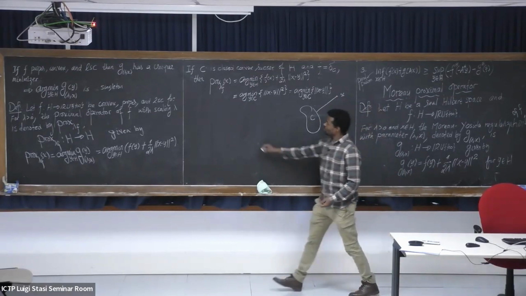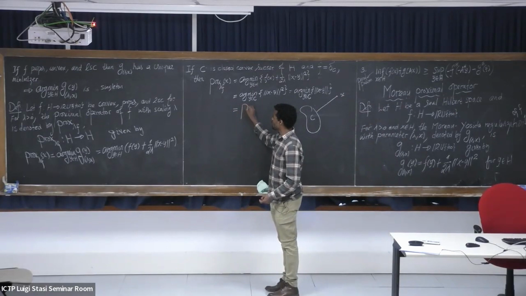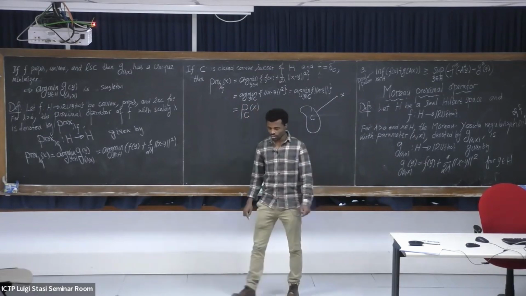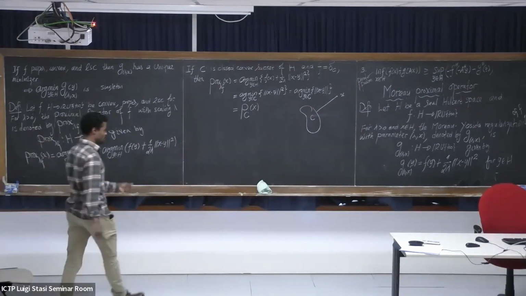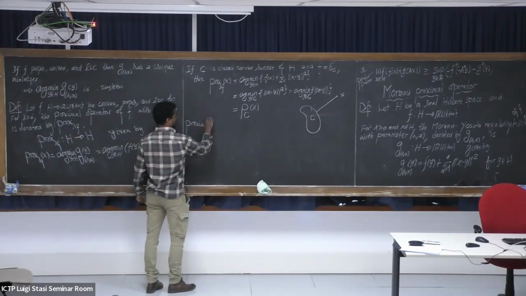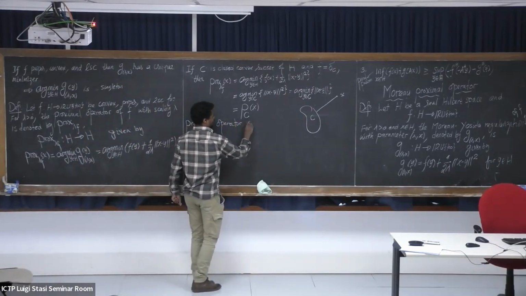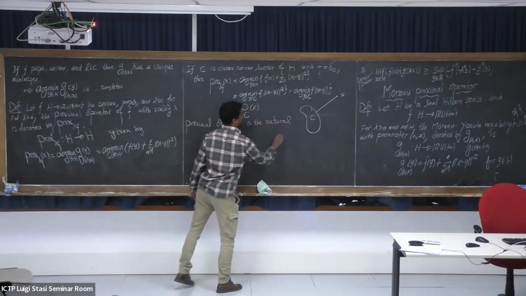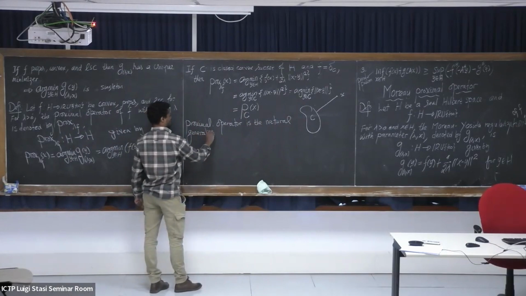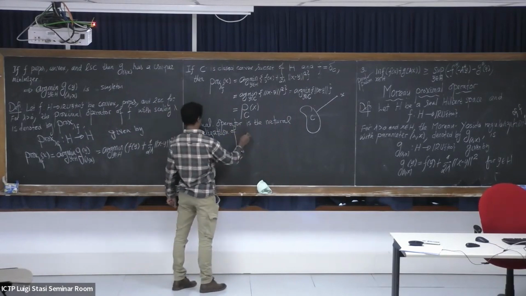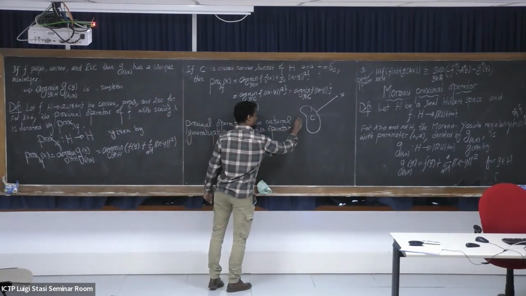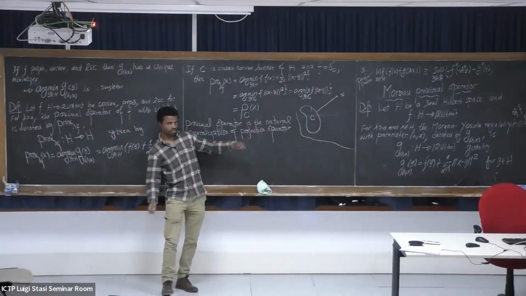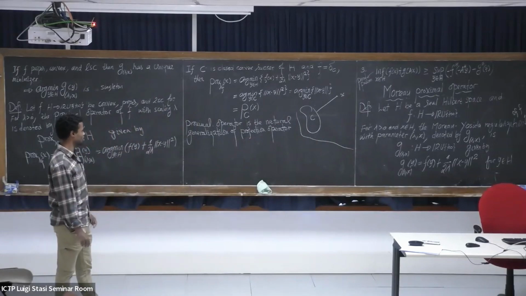So this means that if f is the indicator function, the proximal operator reduces to the projection of a point onto the set C. So the proximal operator is the natural generalization of the projection operator.